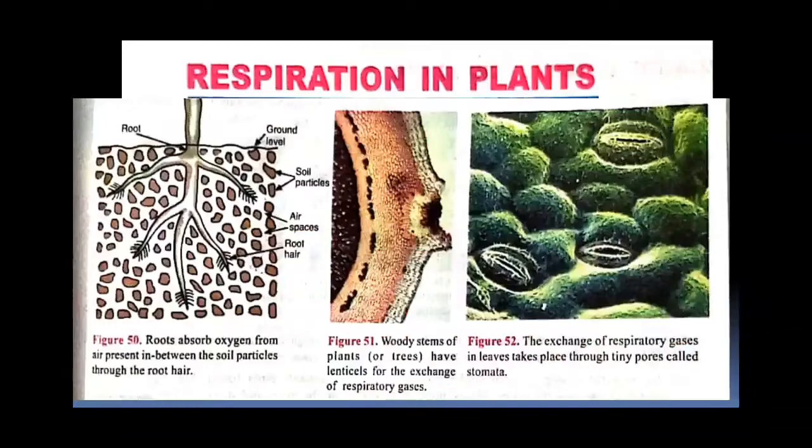The hard and woody stem of big plants has lenticels for gaseous exchange. The exchange of respiratory gases in leaves takes place through tiny pores called stomata, by the process of diffusion.